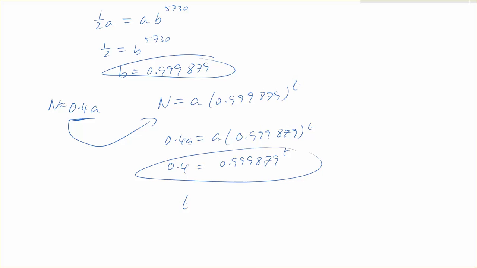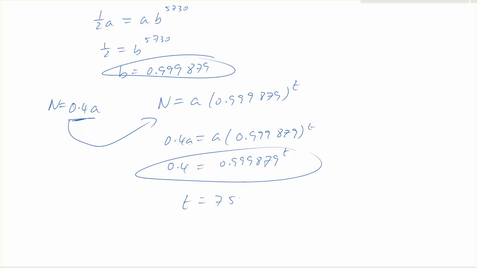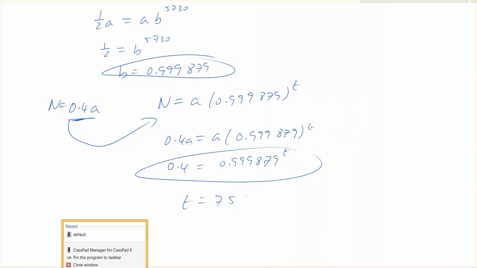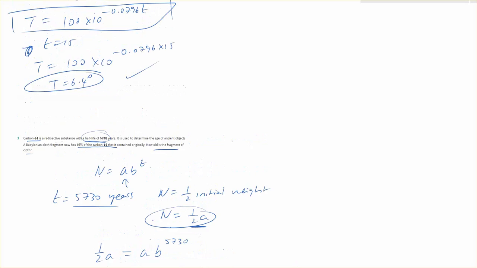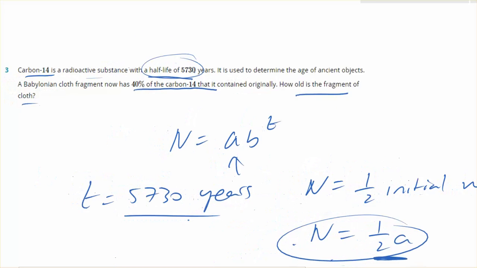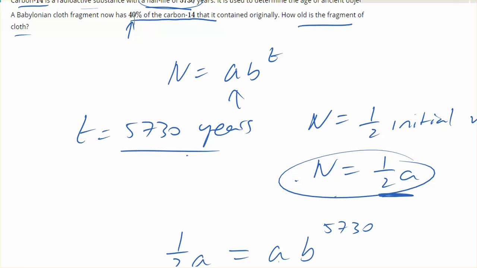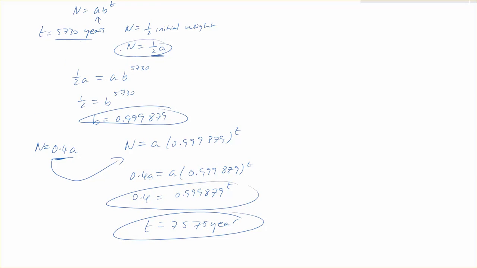So rounded, t equals 7,575 years. It took that long for the cloth to have only 40% of its carbon-14 left, and that's how you do this type of problem.